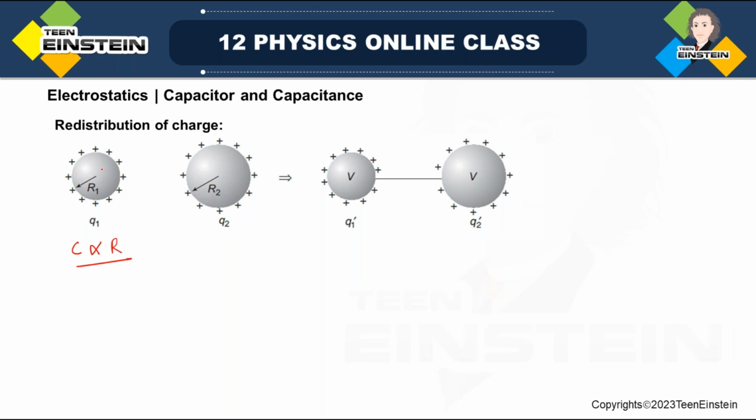That means this can accumulate fewer charges, and R2 can accumulate more charges. So I can think that in this initial situation Q2 is greater than Q1. That means the charge on the second sphere is more.